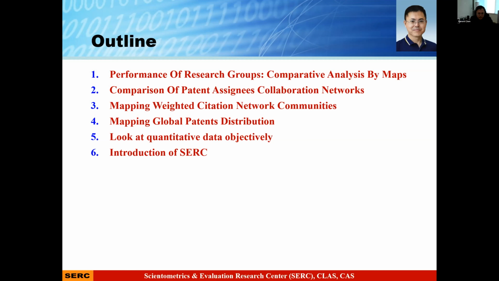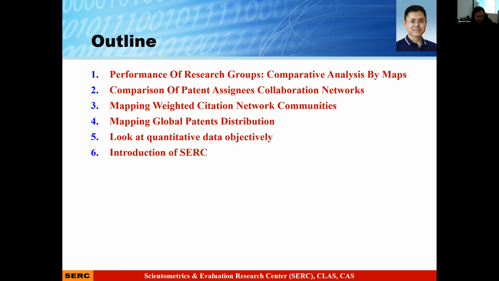In the past, in more than 10 talks, we can find many interesting maps. But how to use these maps in supporting policymakers, scientists, researchers, engineers, or students is a big challenge.